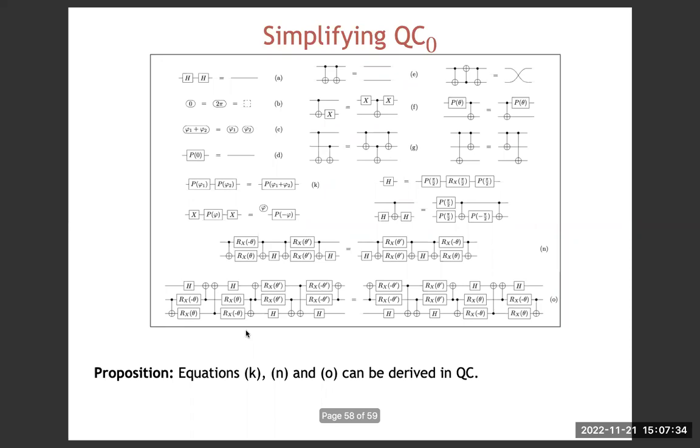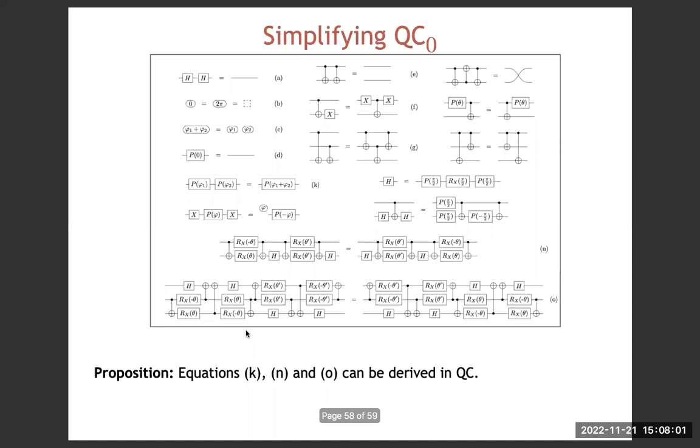There's one question about minimality, because I see you have the HH cancellation, rule A, and then you have this Euler decomposition of the Hadamard. It feels like one of these two should be superfluous, especially with consideration that you have the general Euler decomposition rule. Okay, so the point is that from the beginning, we assume that the generators are H and P, the phase gate.